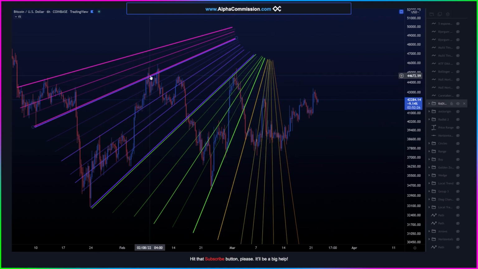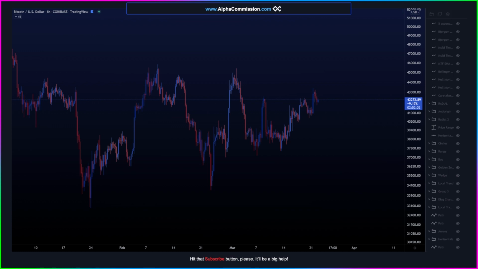We were crossing these main supports and resistances on this radial. And as we crossed those main supports or the midlines, we have huge pumps and they line up with each other. It doesn't look like they line up if you're thinking horizontally.